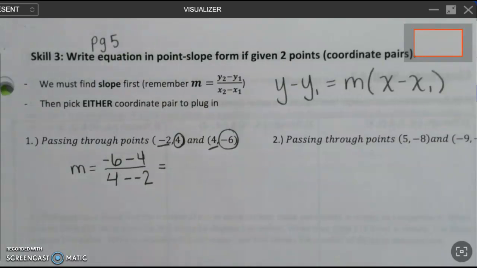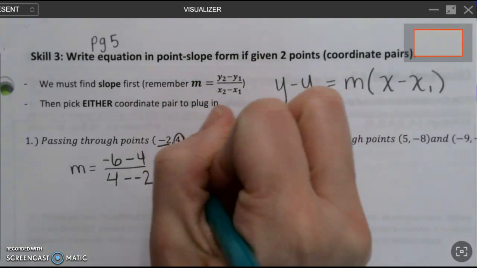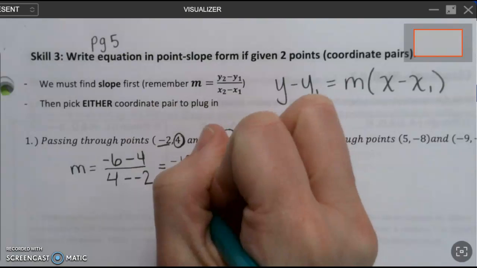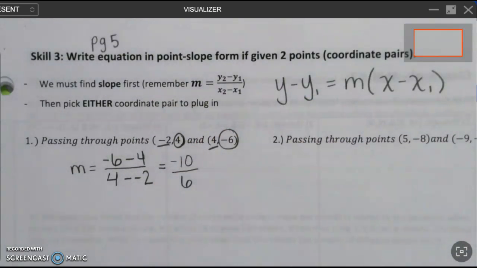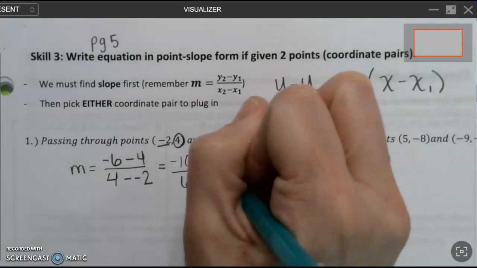So it's -10 over 6, but then we're going to reduce. Okay, so that would reduce down to -5 over 3.